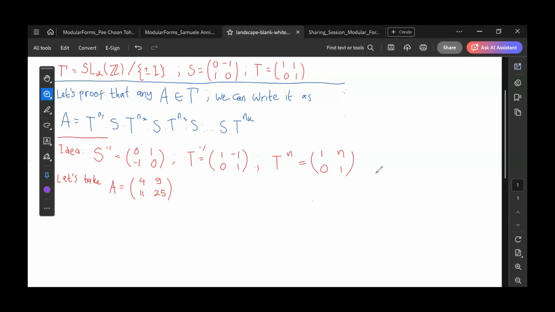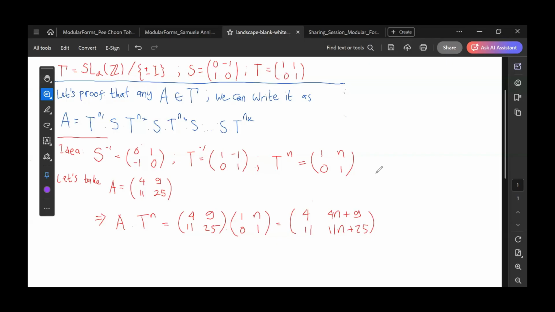So if we have A like this, then we can have some value f(n) such that the first column is the same, but the second column will change.